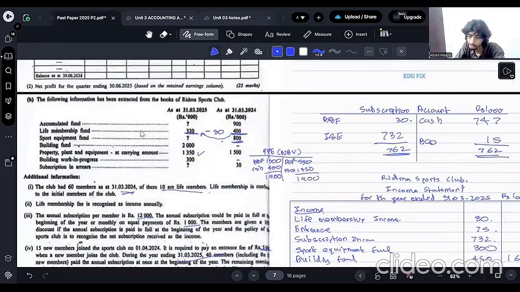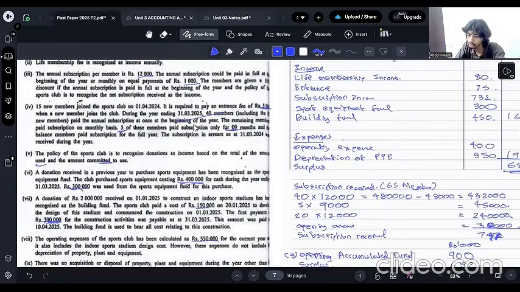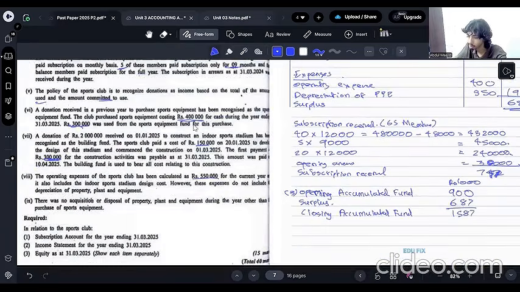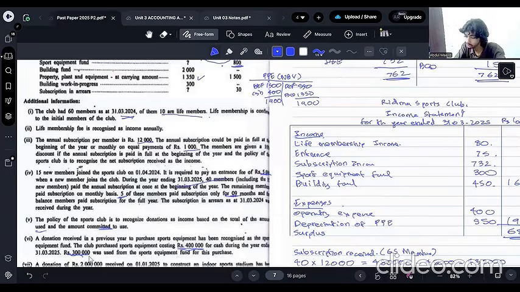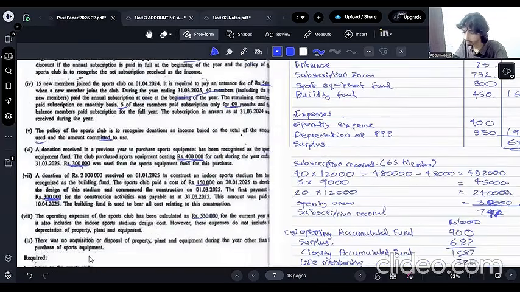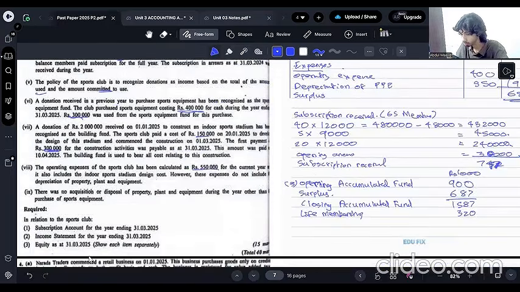Now you have life membership fund balance 320. Sport equipment fund, opening balance is 800. Out of that fund, you use 300, and the balance will be 500.